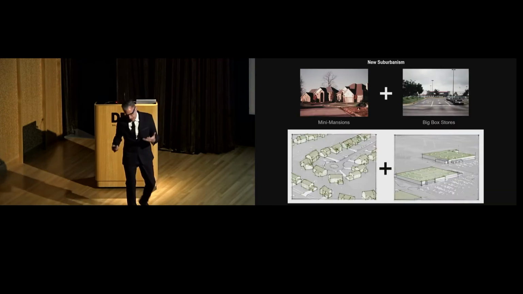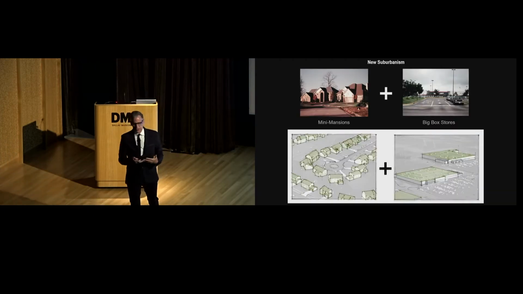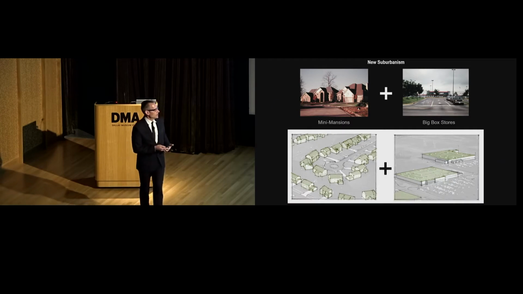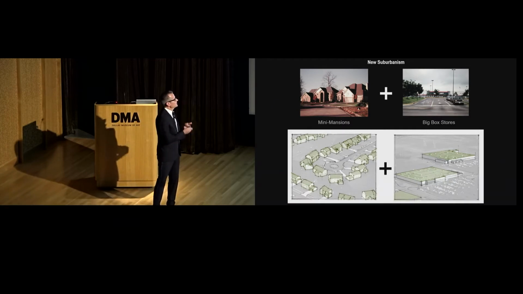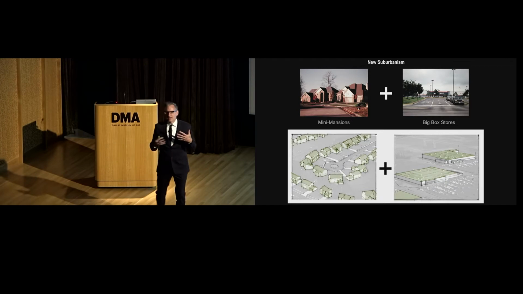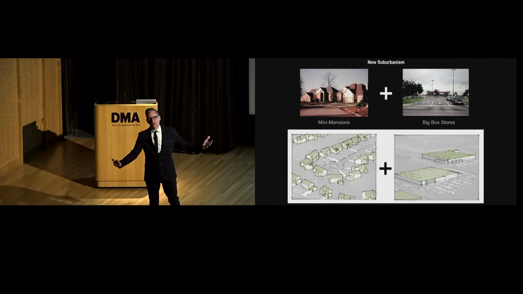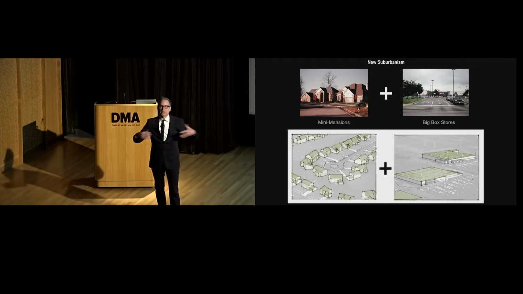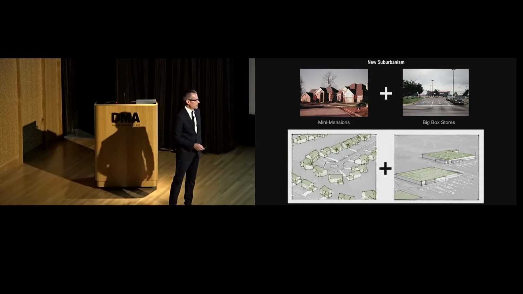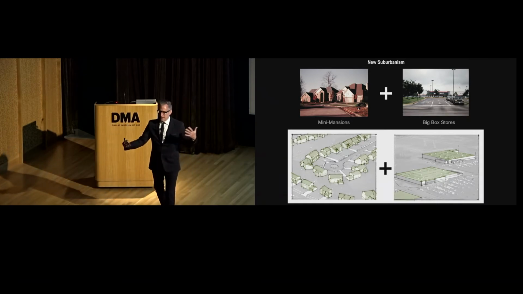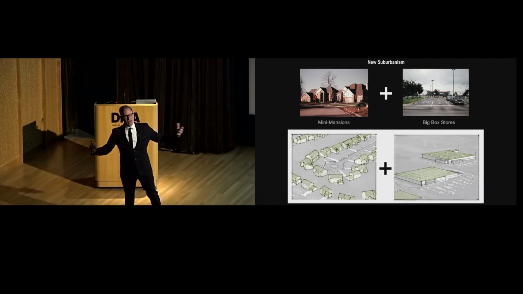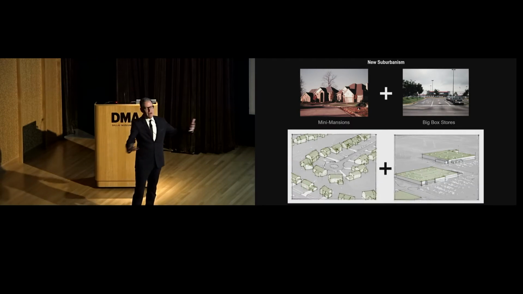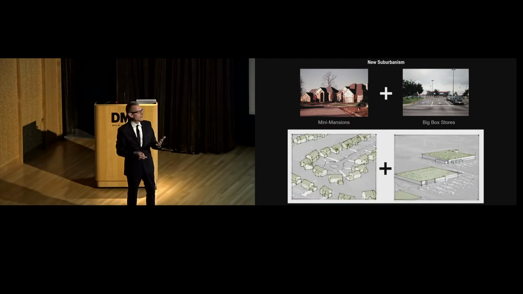Okay, so this idea of trying to invent within the stack section is something we worked on in a project called New Suburbanism. And the argument here was to take the horizontal expanse of the big box store and essentially take McMansions and place them on top of the roof of the big box store. In a sense, mating or taking the desires of America and playing them out in section and allowing them to coexist.